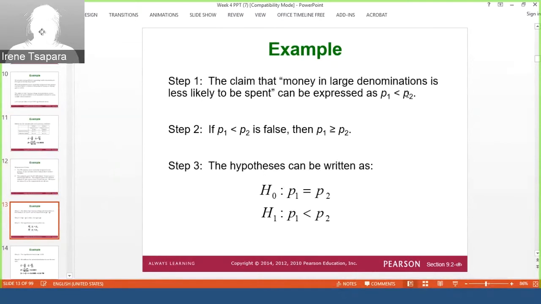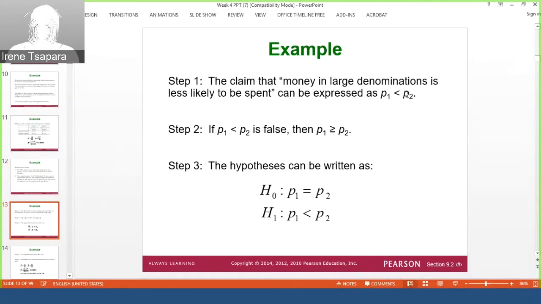Now, what we want to understand is whether this specific test, the samples and the numbers that we have, tell us that there is a significant difference here. So is the difference that we have statistically significant? That's the claim.